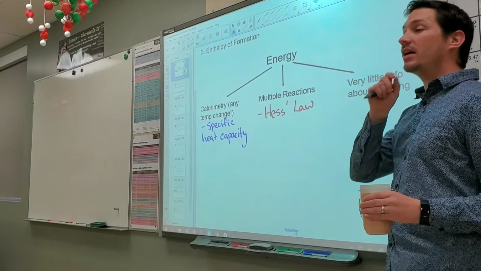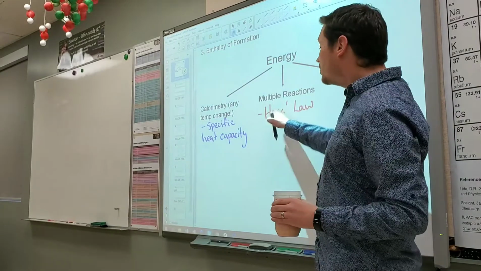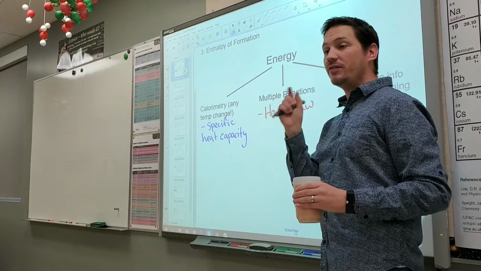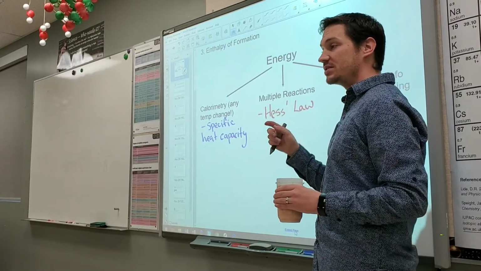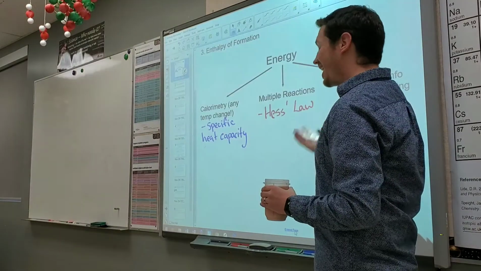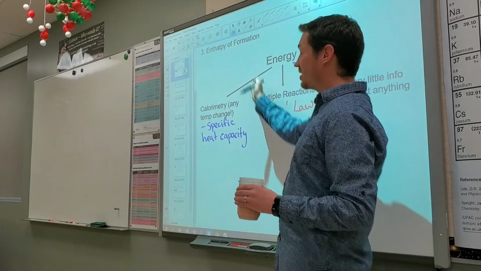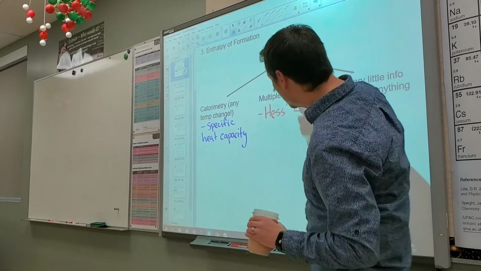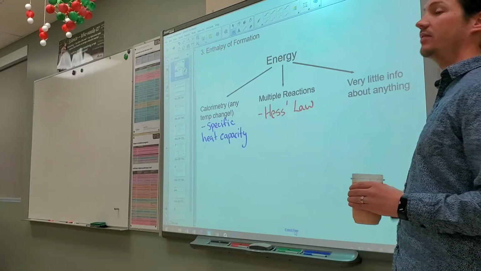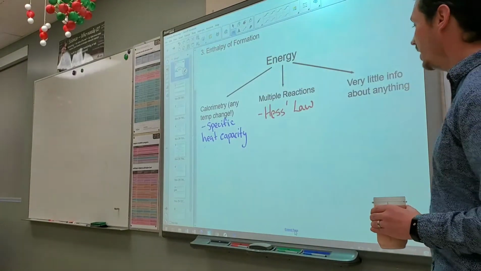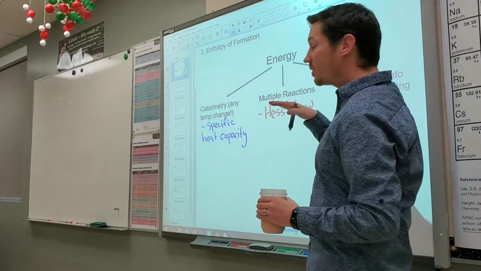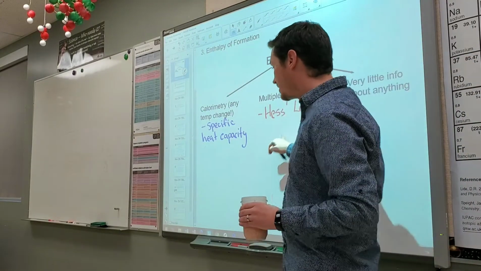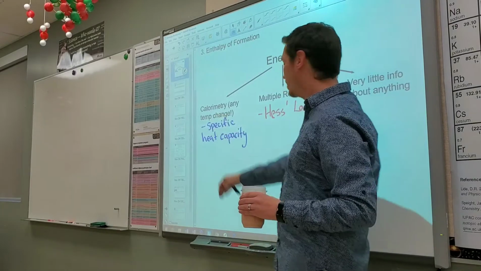Now, I want to be very clear. When we're using Hess's law, there are modifications on these questions that we could add that would force us to use unit analysis. So we could use Hess's law first, but then we might have to use unit analysis afterwards. Remember, we're typically going to use unit analysis anytime it's talking about calorimetry.